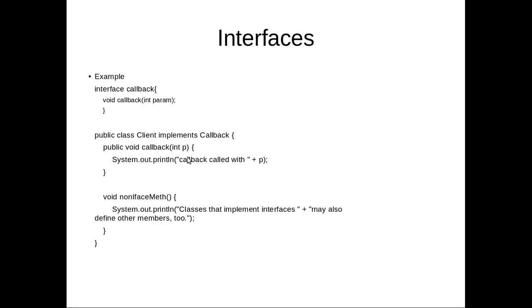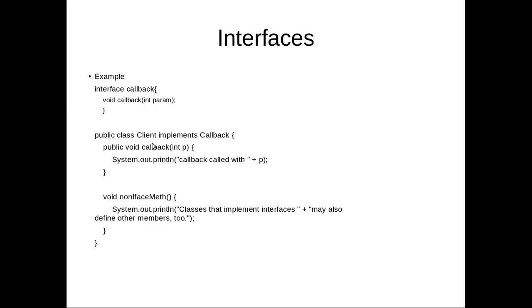The body of that callback procedure is given here. That's why public class Client implements Callback means the callback interface is implemented by this class, and the body of the implementation is given. Okay.